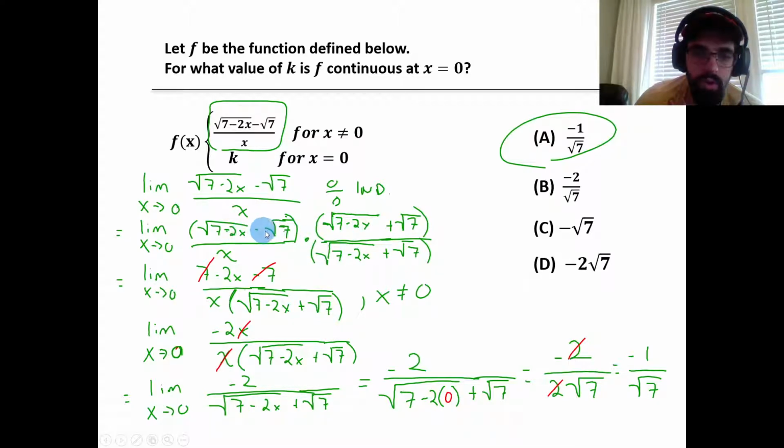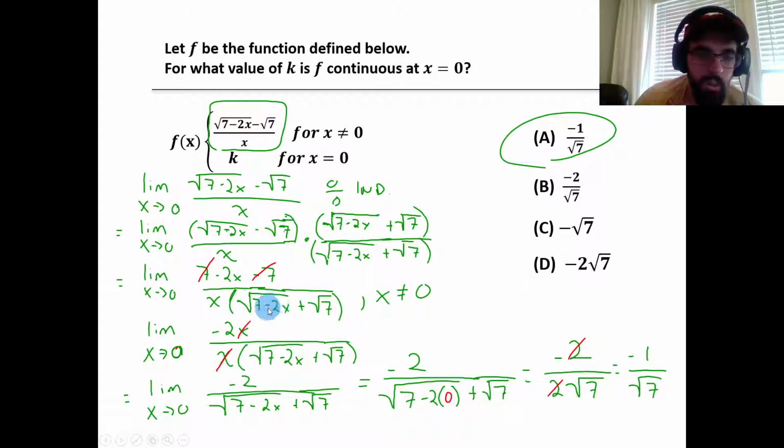On top, conjugates give us difference of squares. So the first thing squared minus the second term squared would be 7 minus 2x minus, and the square root of 7 times the square root of 7 is just 7. And so we can see we have 7 minus 7 in the numerator that cancel out.